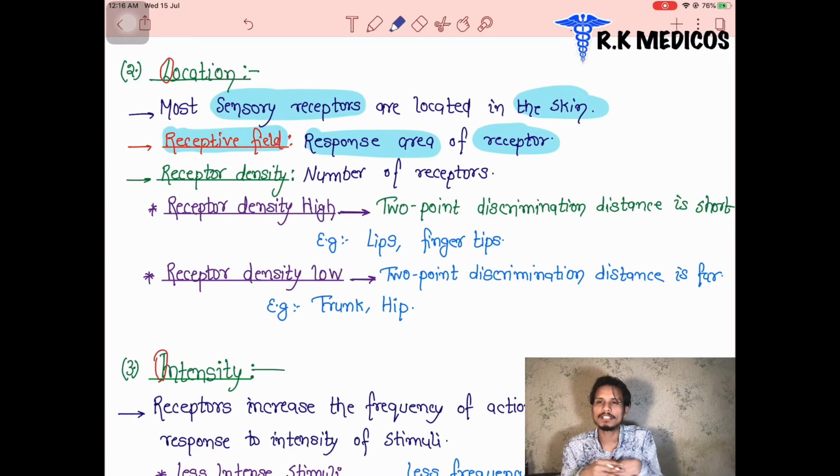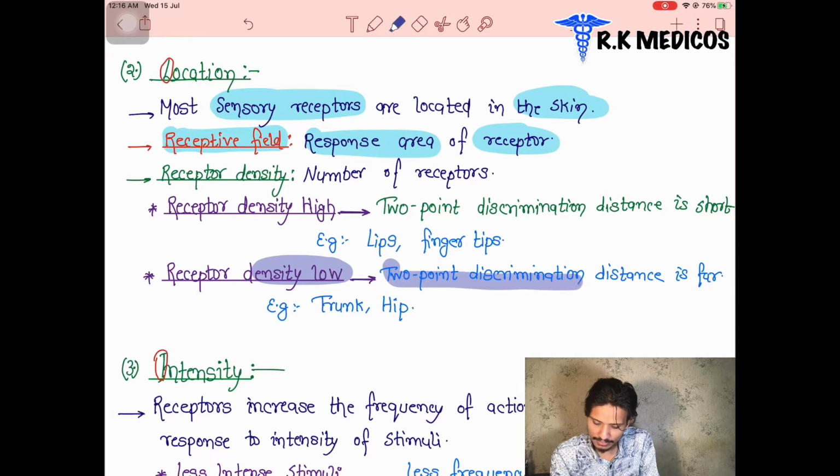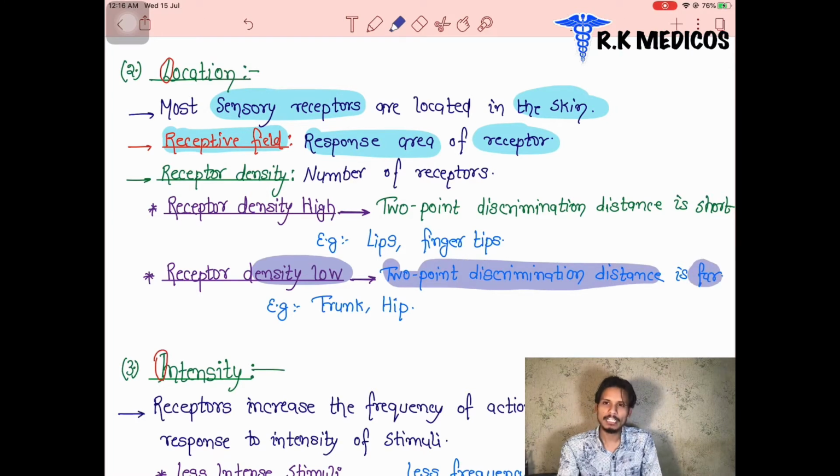There is a low number of receptors present in that area. This can be determined by different types of testing. With low receptor density, the 2-point discrimination distance is far. 2-point discrimination is something like this.